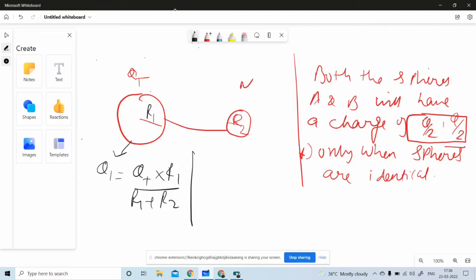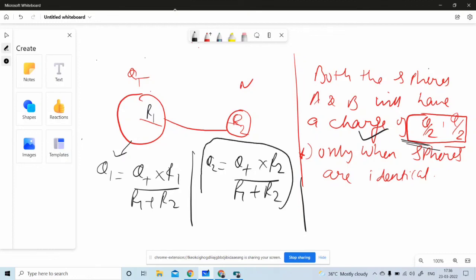In the identical case, charge was equally divided between them. But in this case, the spheres are not identical. One has a radius of r1 and another has a radius of r2. So q2 will be Q total into r2 upon r1 plus r2. This is how we calculate the charge when spheres are not identical.